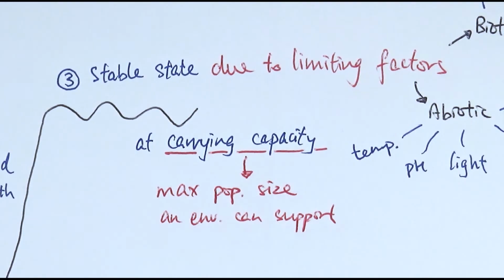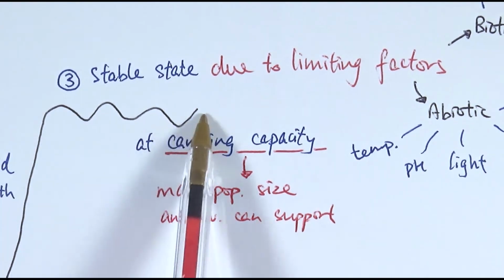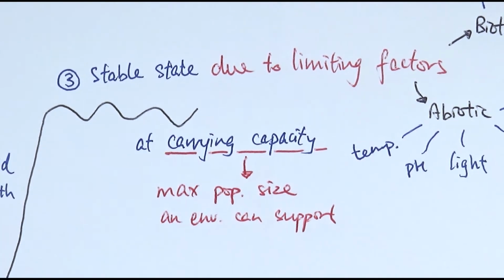Carrying capacity refers to the maximum population size that an environment can support. So it is referring to looking at that particular habitat or that particular environment in terms of biotic and abiotic factors. If that is as many individuals of a species can survive at that state, then that's it. That's what we call the carrying capacity. So that's referring to the average level within this fluctuation here.